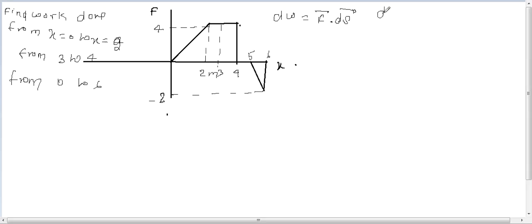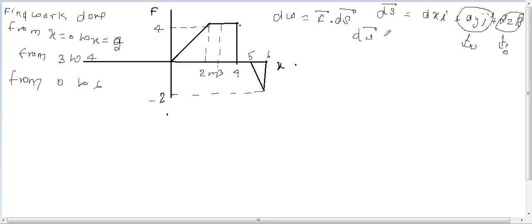So we know that ds is equal to dx i plus dy j plus dz k. Since displacement is only along the x-axis, these two will be 0. So what can I write? ds is equal to dx i.